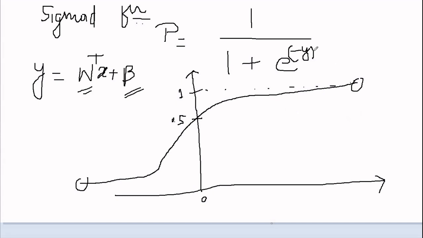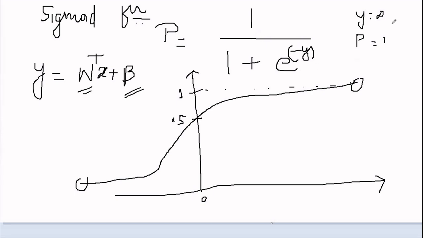Yeah. Now if we plug y equal to infinity, this expression becomes e to the power minus infinity. When e to the power minus infinity is equal to 0, we all know that, right? So here this expression becomes 1 plus 0, that is 1. So p becomes 1.